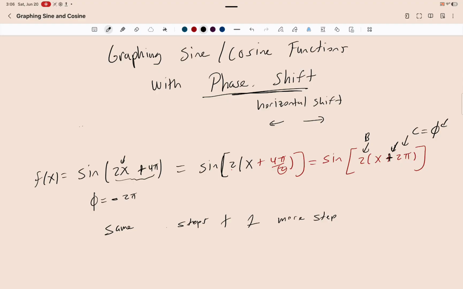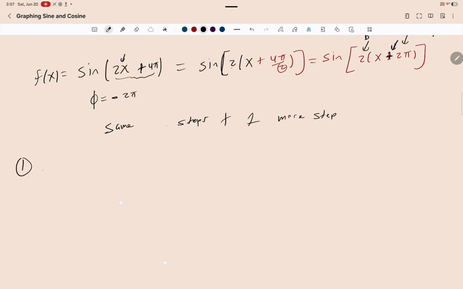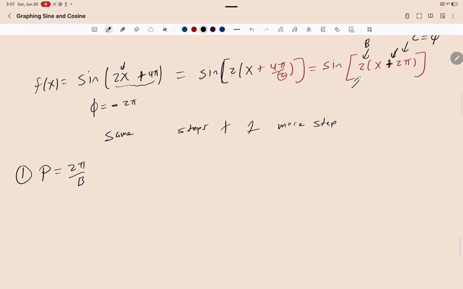For our first step, we use the definition of the period of the sine function, which equals 2 pi over b. Using our factored form, b is 2, so it's 2 pi over 2, which is just pi. For step 2, I take the period and divide it by 4, which gives us pi over 4.